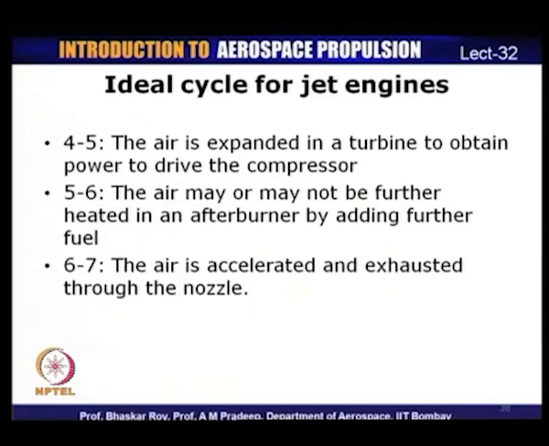So, these are the different processes that are involved in a turbojet cycle, starting from the free stream far upstream, that is point A. The compression process actually begins at A, and then it continues in the diffuser and again in the compressor.